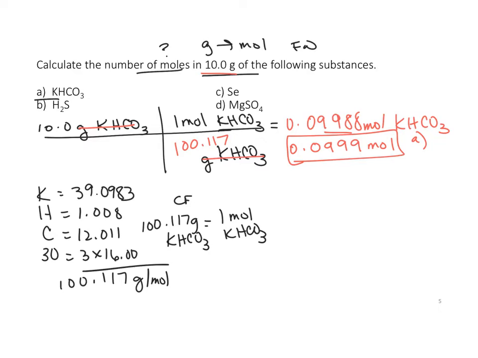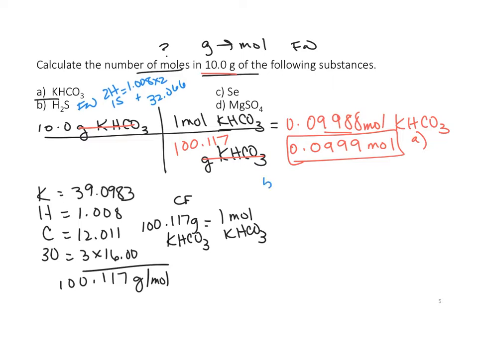Okay, B, well, what's the formula weight? 2 hydrogens and 1 sulfur. So 2 times 1.008 plus sulfur, 32.066.